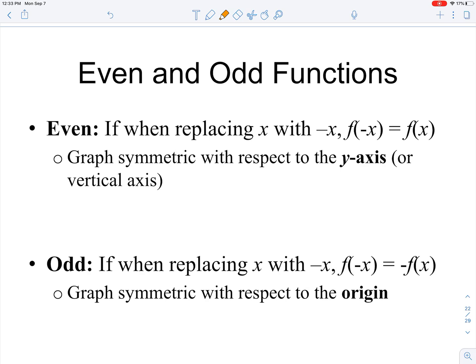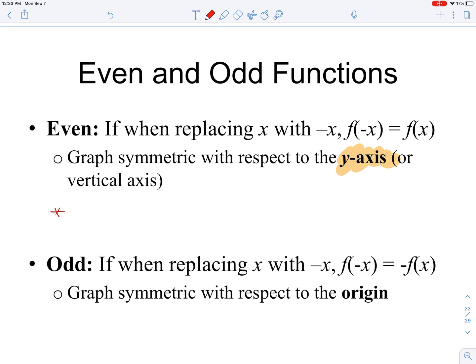If the function simplifies to the original function, that means that a horizontal reflection does nothing to the graph. So a reflection over the y-axis does nothing to the graph of the original function. And therefore, we could say that its graph would be symmetric with respect to the y-axis, or the vertical axis.